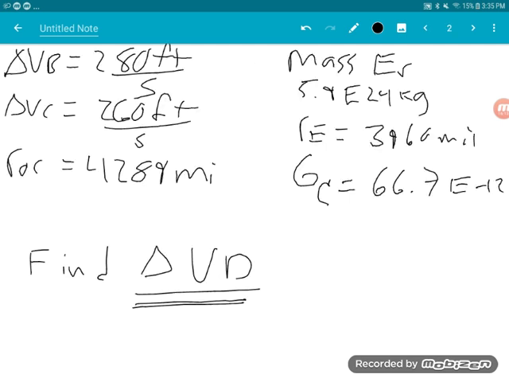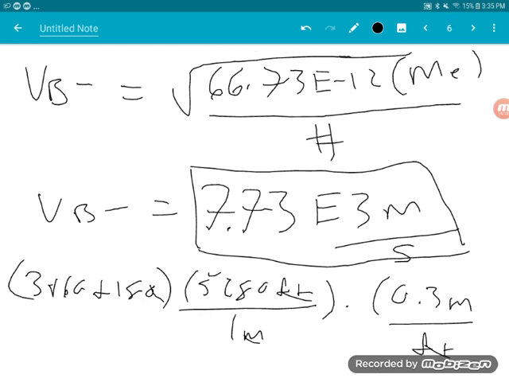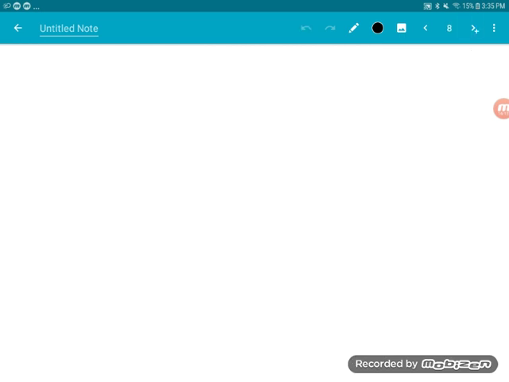So let's look at this concept real quick. Okay, we know that angular momentum is constant from BC to CD.